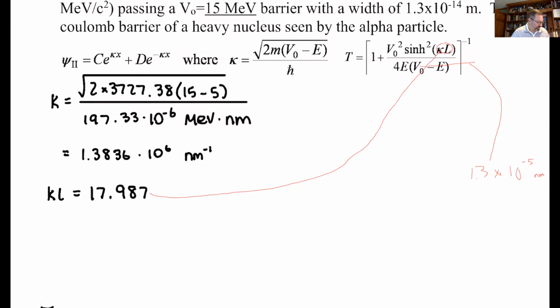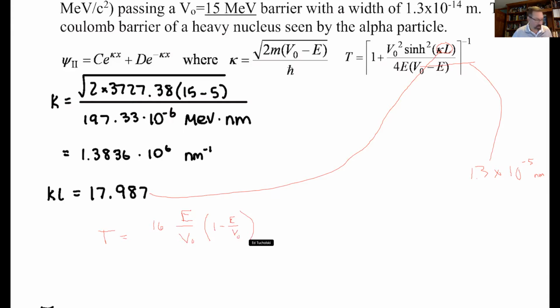The other option you have available is that equation I just worked up, that T is equal to, and I don't have it memorized, so I've got to go back to my work here. Let's see, it was 16, and I did some manipulation on this. Your energy over V0. I factored out a V0, so I got 1 minus the energy over V0.